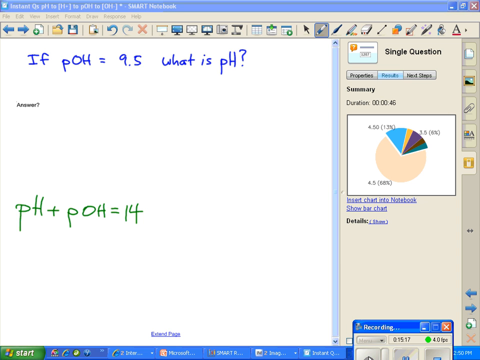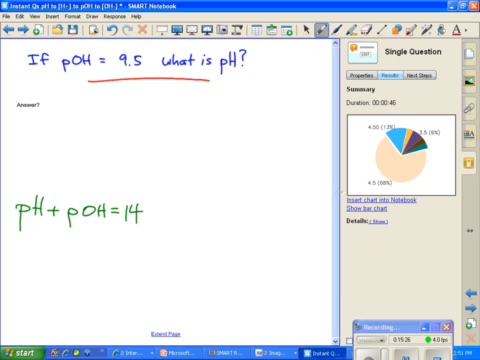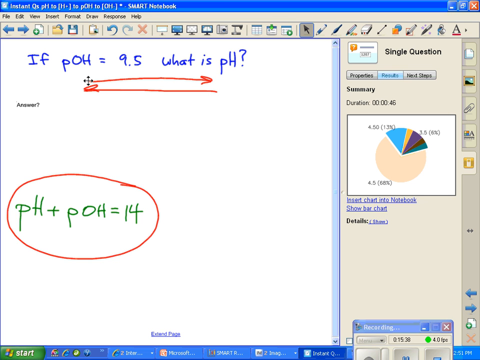With this kind of problem, whether you're going this way or whether you're going back this way, the same formula would be used. Same formula works. You're always going to be subtracting from 14.